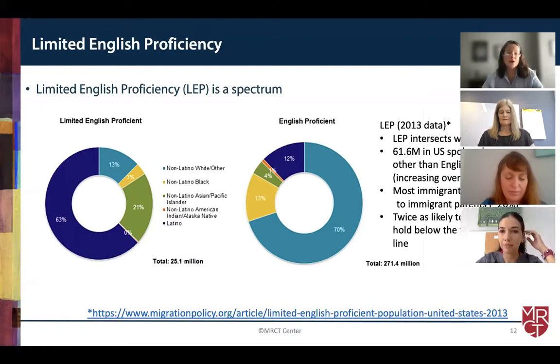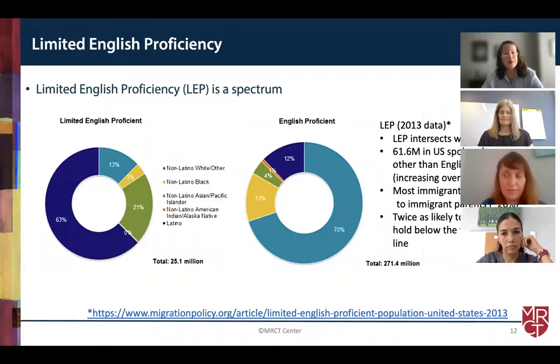Most immigrants and those born to immigrant parents are the largest proportion of people that speak a language other than English. And interestingly, and unfortunately, those who speak a language other than English at home are twice as likely to live in a household below the poverty line in the US.